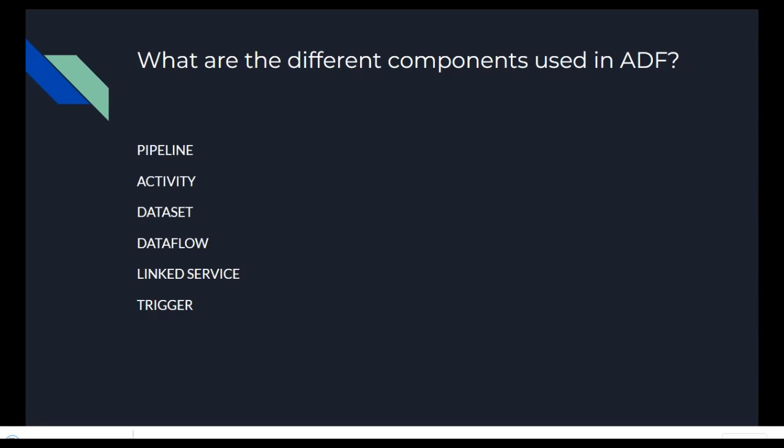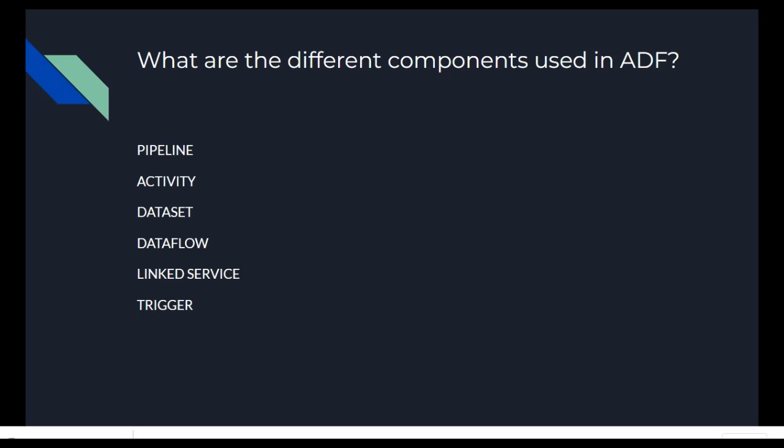Coming to the next question, what are the different components used in Azure Data Factory? Azure Data Factory consists of several components. Some of them are pipeline, activity, dataset, data flow, linked service, and trigger. First, pipeline.